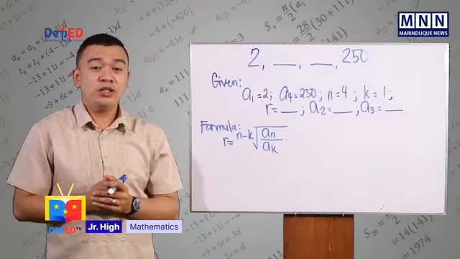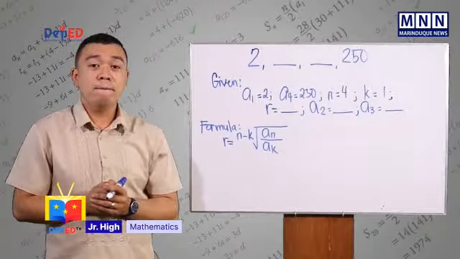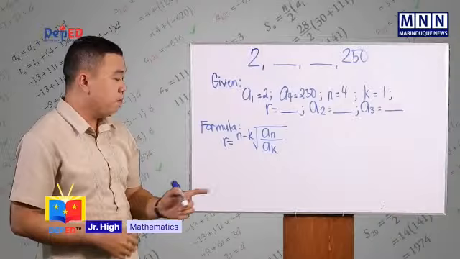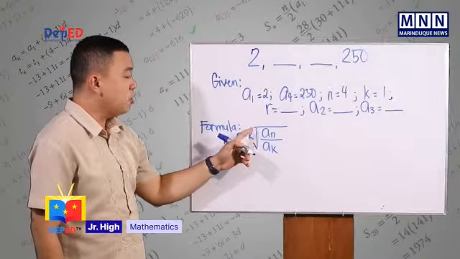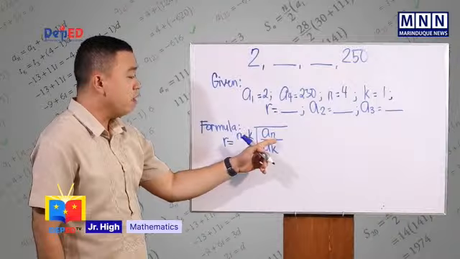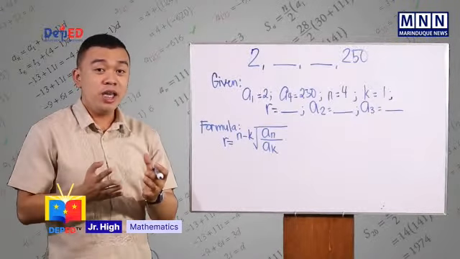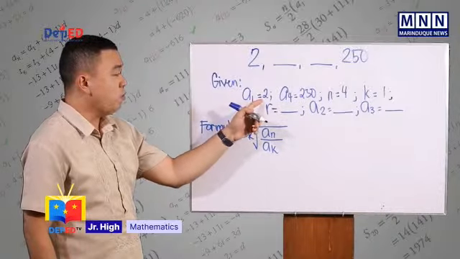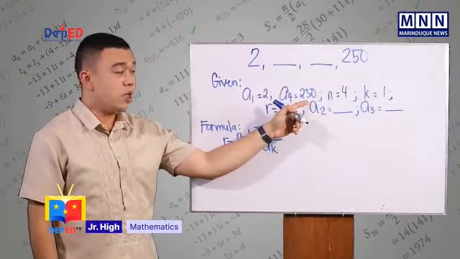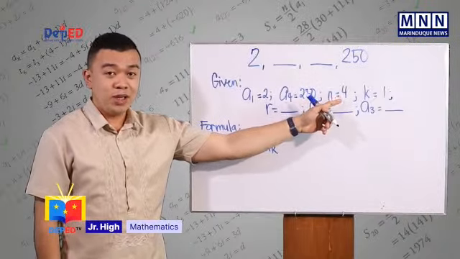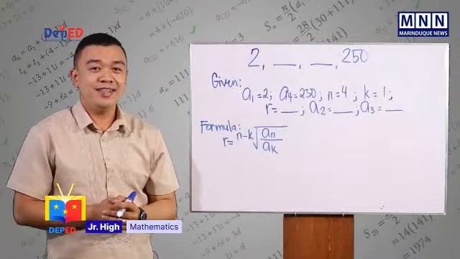So, to insert terms, let us identify first the common ratio by using the formula r is equal to the n minus k root of a sub n all over a sub k. With the given a sub 1, which is equal to 2, a sub 4, which is equal to 250, our n, which is equal to 4, and k, which is equal to 1.